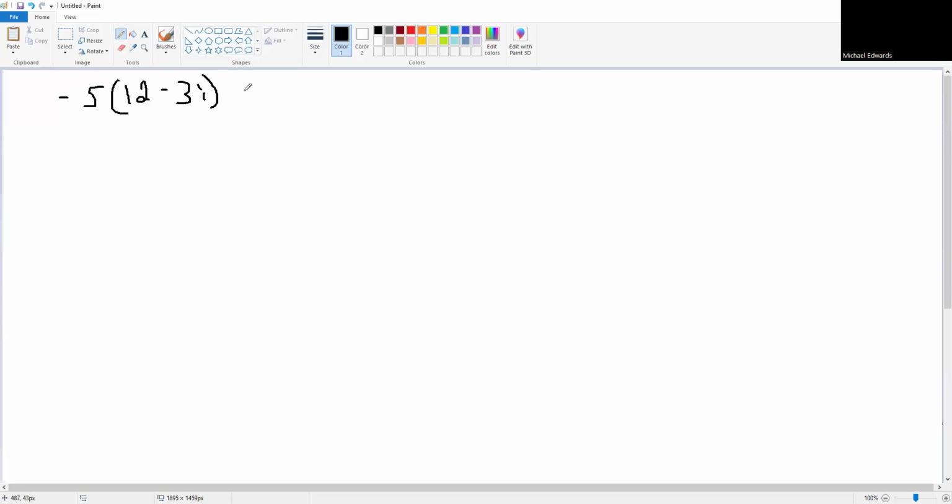And all we have to do here is distribute this into both. So negative 5 times 12, which is negative 60. And then we have negative 5 times negative 3i, which turns into plus, and that's 15i. And that's the best you can do. You're done right there.